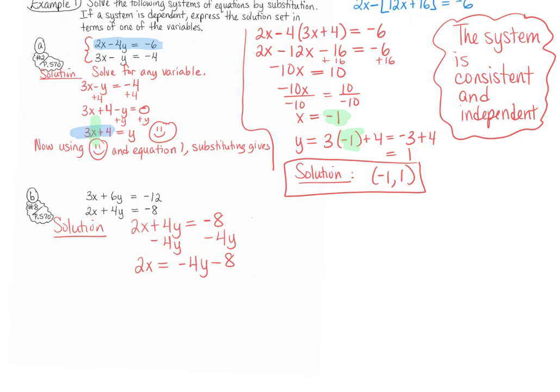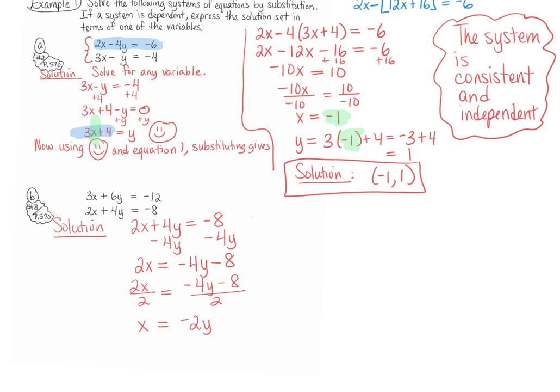We want x by itself. So now what do we have to do to both sides? Yes, very good, both of you. We're going to divide both sides by 2. So then we have 2x over 2 equals -4y minus 8 over 2, which means x is equal to, what's -4y divided by 2? Good.